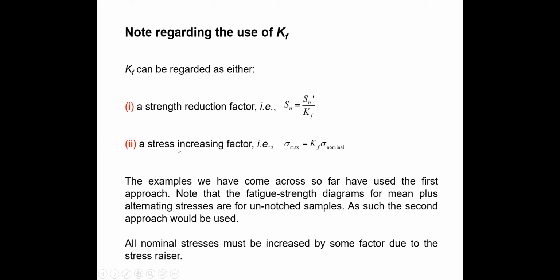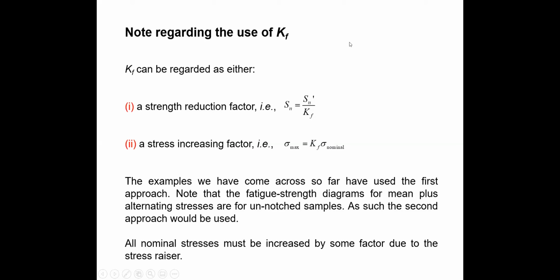But the strength reduces because the stress is higher. Are we clear? Because around the stress raiser area, the stress is very high. Because of this KF, in the calculation, if you use KF with the stress, don't use KF again with the strength.